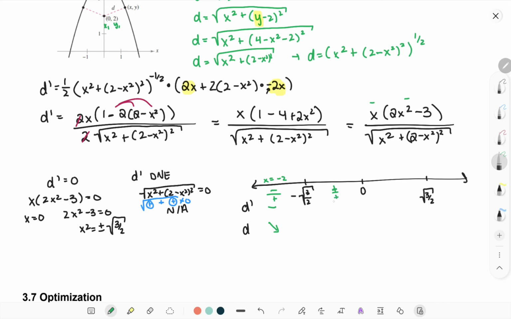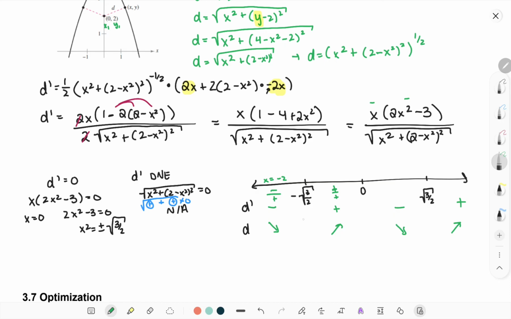Again, that denominator will always be positive, so I'm increasing. So I have a minimum value here. Between 0 and root 3 over 2, I'm going to get another negative. Bigger than root 3 over 2, I'm going to get another positive. And so I see that change in values over and over.